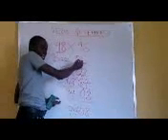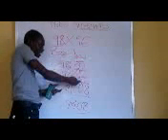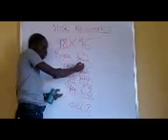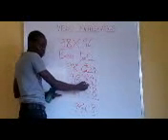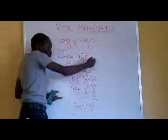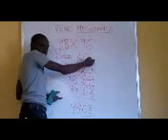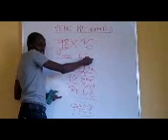I said, because 100 has 2 zeros, you're going to create 2 digits on your right hand side. So since 2 is just a single digit, you add a 0 in front of the 2. You also add a 0 in front of the 4. Now you multiply the 4 and the 2 together. 4 times 2 is 8. You attach a 0 to maintain the 2 digits, so you have 08.